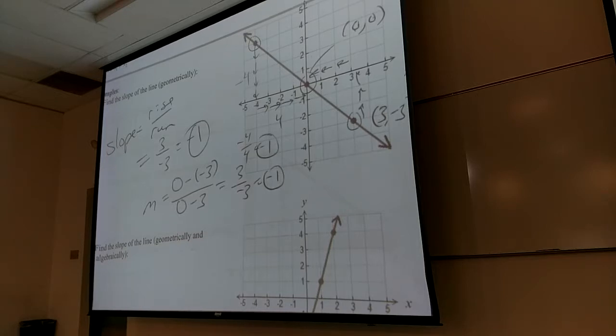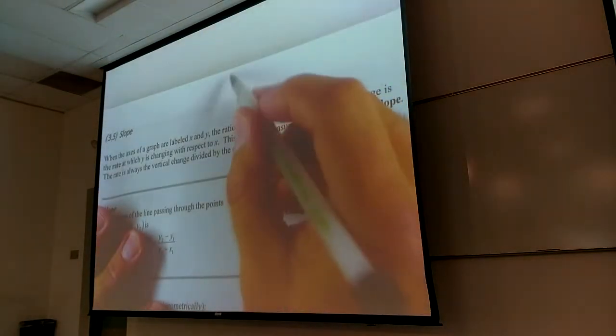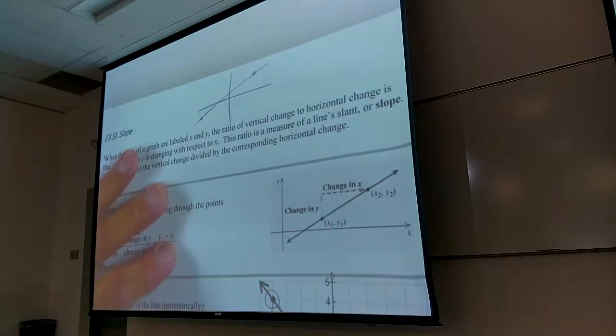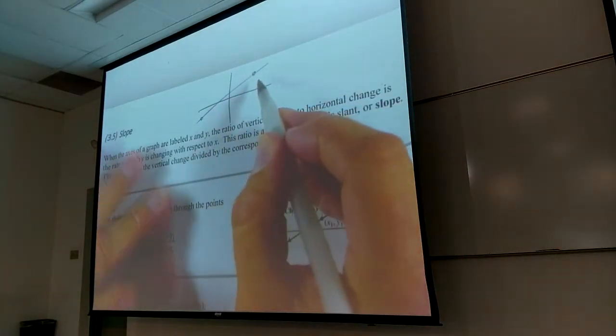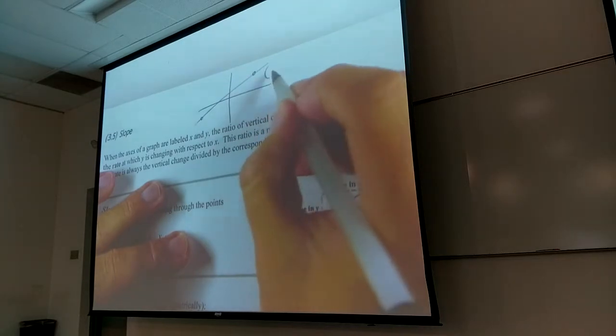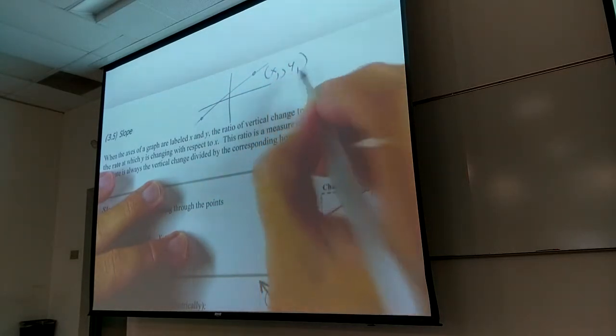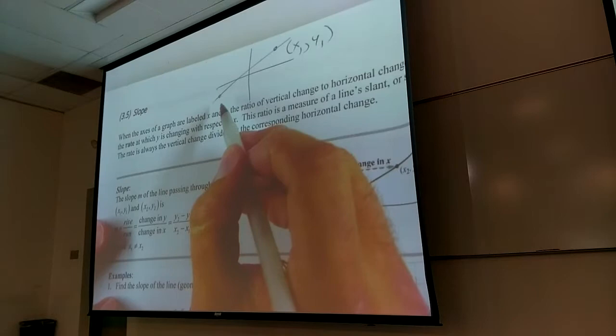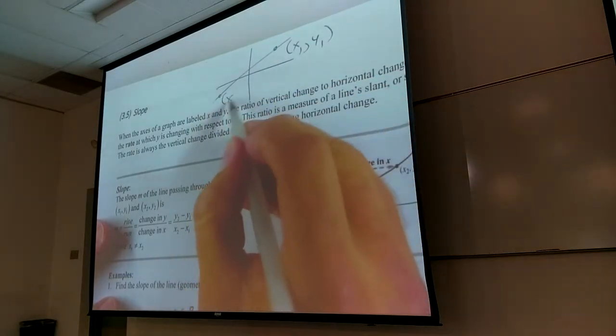So in general, if I just have some line somewhere with some points, can somebody tell me what that point is? No, good. But I'm going to call it x1, y1. Why would I do that? Because that's the first point I pointed to, so I'm going to call it the first x and the first y. So what's this one going to be, amazingly enough? x2, y2.